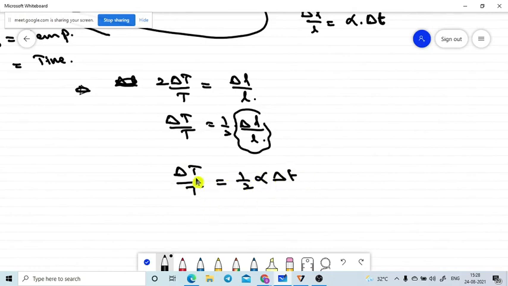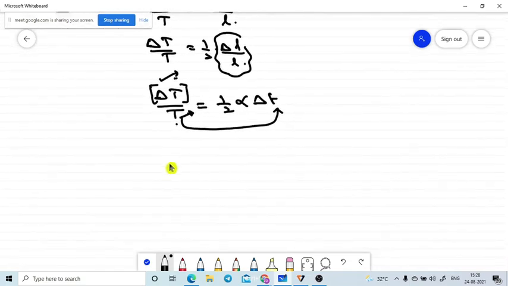But our goal is to find the error in the time period. The error in the time period divided by the initial time period, the original time period value. We need only the error in the time period, so we send this to the other side. Division becomes multiplication.